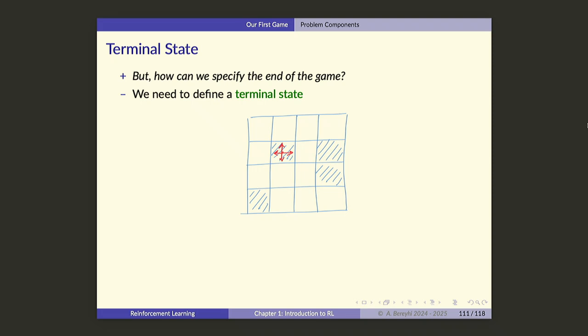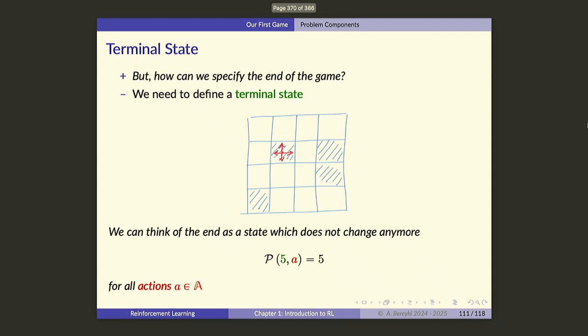So here, for instance, when the game is over, after getting to 5, it doesn't matter if I press any direction, I'm not going to get out of it. I'm going to remain in cell 5 forever. So this is the terminal state.